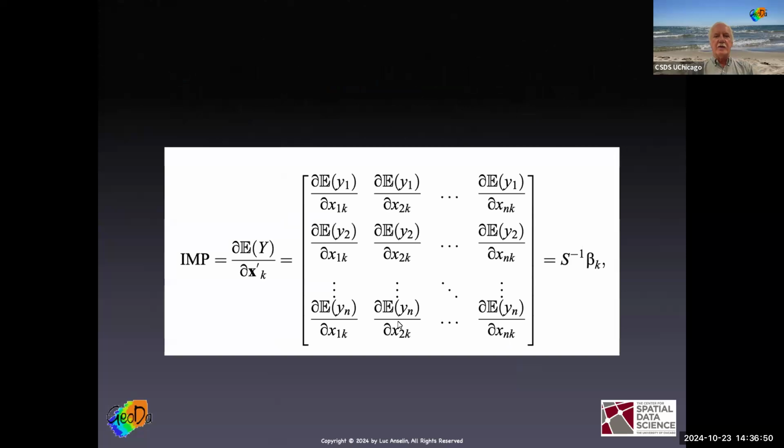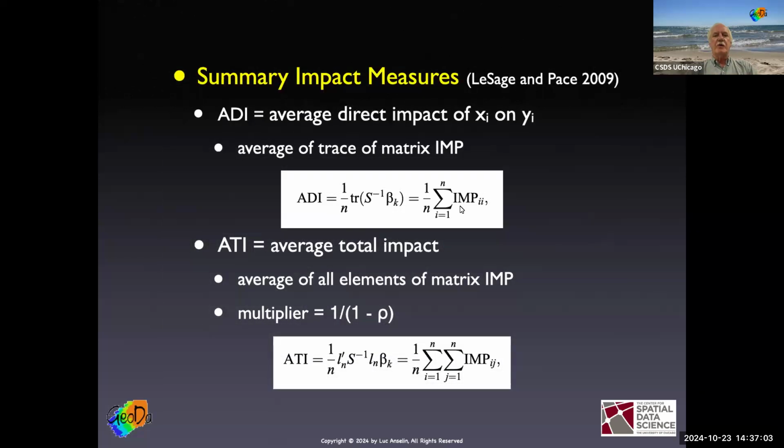If you look at this matrix again, the average direct impact will come from these elements on the diagonal. So you add all these up, and then you divide by the number of observations. That's pretty much what this expression does. And the average total impact sums everything in the matrix and divides it up.